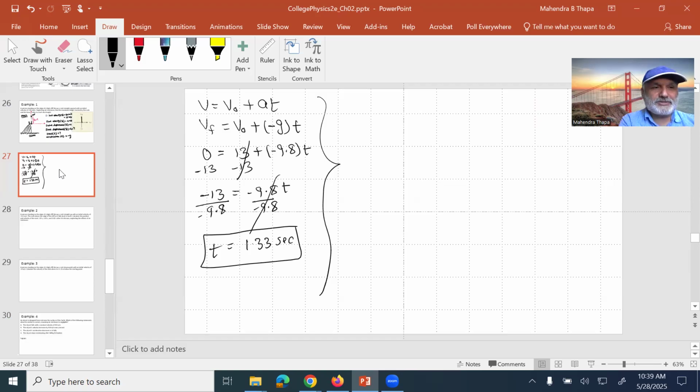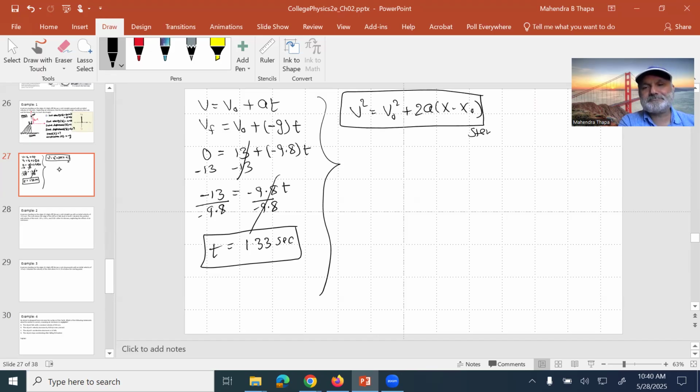Let's start with v squared equals v initial squared plus 2a times x minus x naught. This is the standard equation. For the y-axis, I write v final squared equals v initial squared plus 2, a will be replaced by minus g, and x replaced by y final minus y initial.